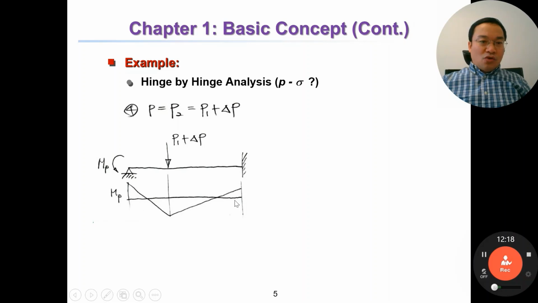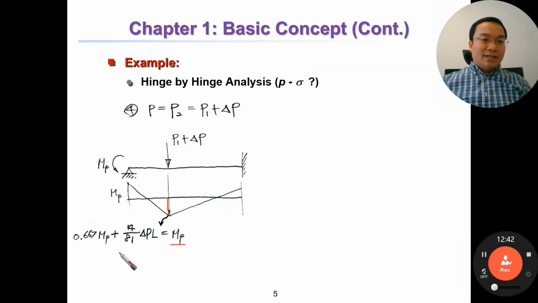It is the result of superposition. Okay, so let's say this section is MP. It remains MP. It is the plastic moment, and the moment here at this section equals MP. It is the second hinge, first hinge and second hinge.